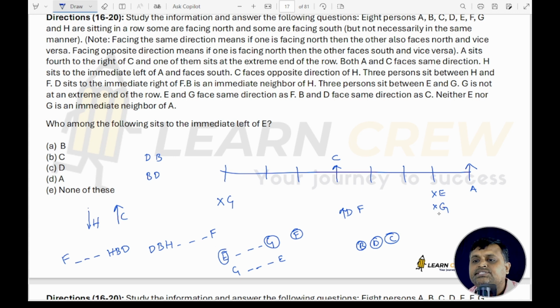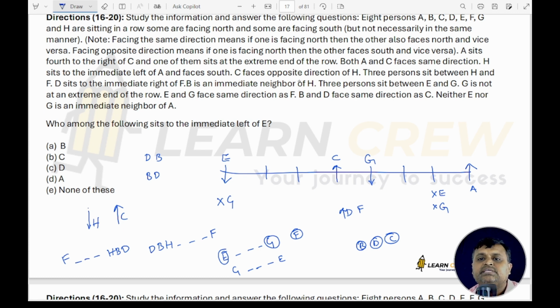And then E and G are not here. So if I take E here, for example, 1, 2, 3, so G would come here. Then E and G are facing the same direction. I am taking south.